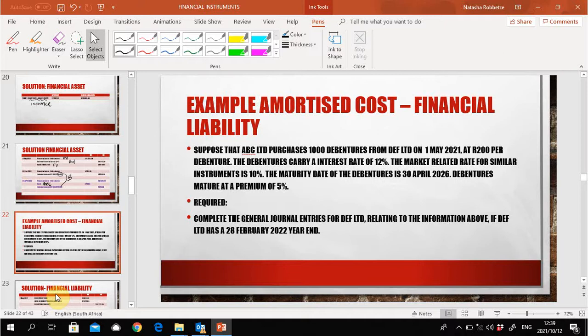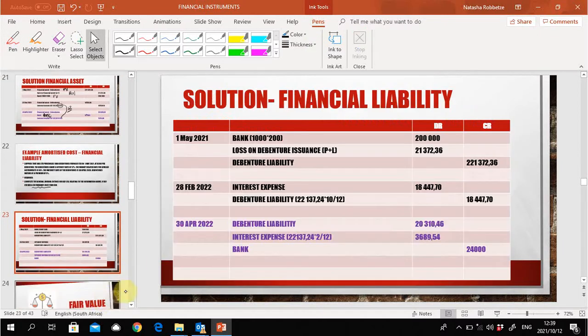We're going to have the same calculations, but just look again that the financial year of DEF is 28 February 2022. The rest of the information is all the same. So what will happen? So now we're recognizing a financial liability. So I call it debenture liability, financial liability debentures. And this will be the present value that we've calculated.